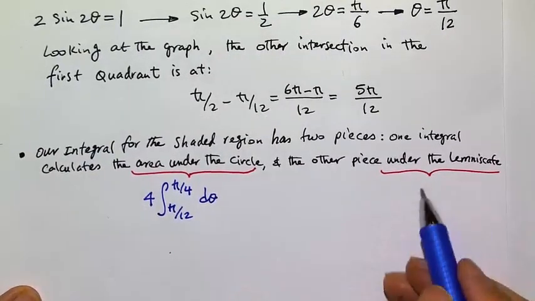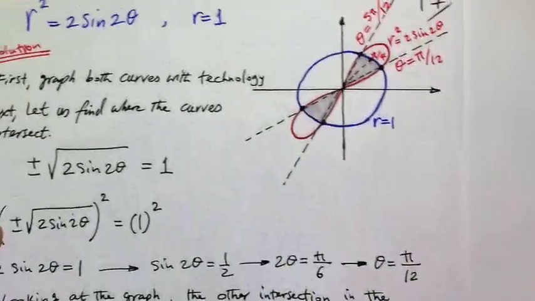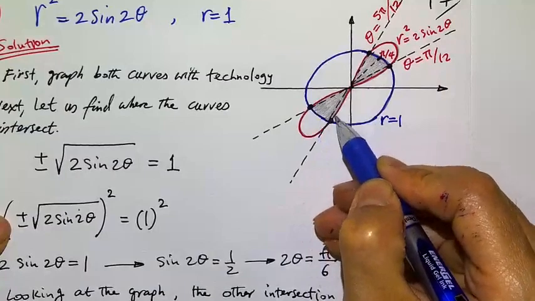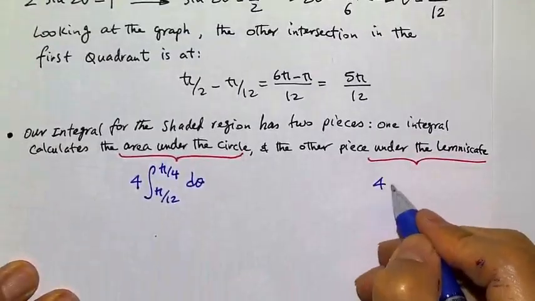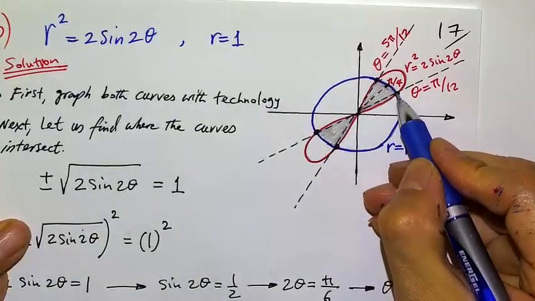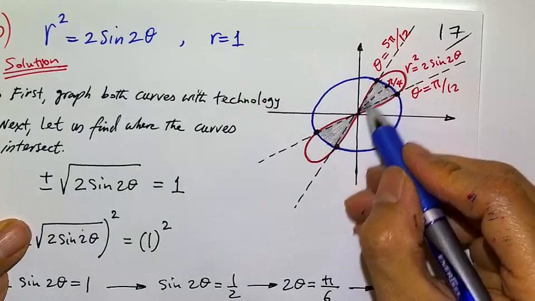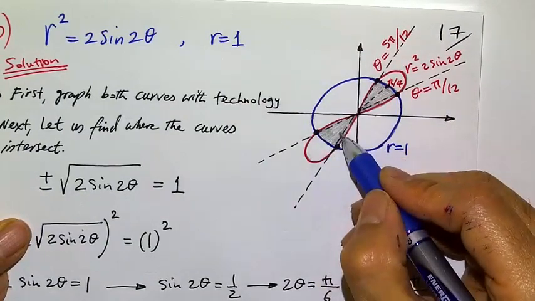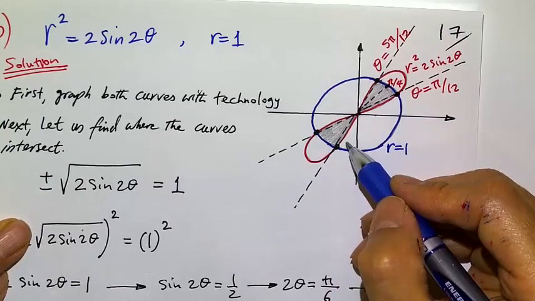Then under the lemniscate, we have 1 piece, 2 piece, 3 piece, 4 piece again. So again, we have 4 times the integral from 0 to pi over 12. In other words, we have the same exact piece happening in these different corners of the enclosed or shaded region.